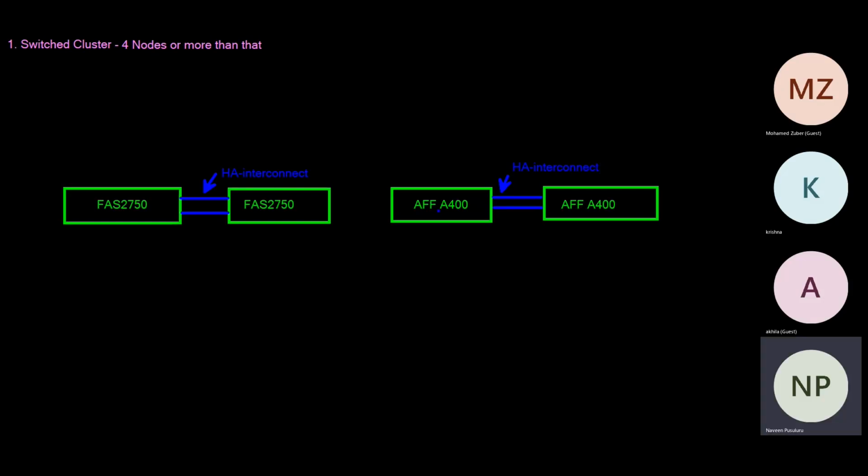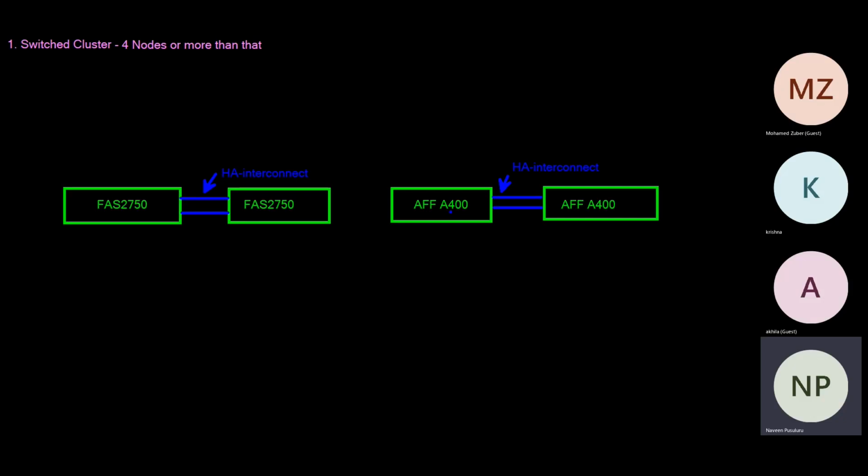Now, but let's assume that my first node wants to communicate with the third node. How can it communicate with the third node? Because cluster means every node should be able to communicate with all other nodes. Then only the cluster will work properly. Cluster means a group, right?